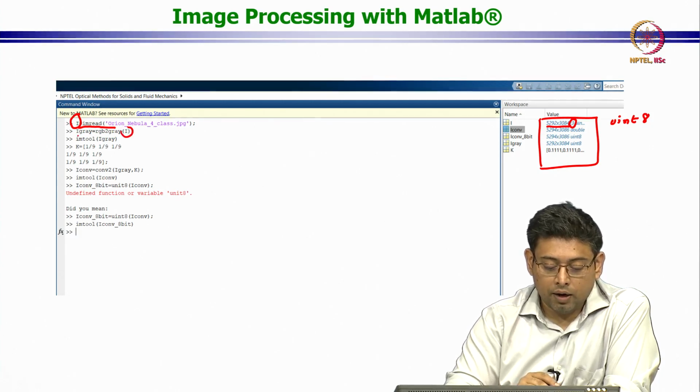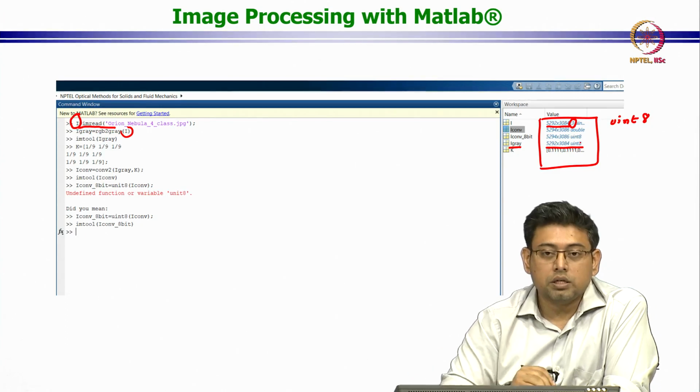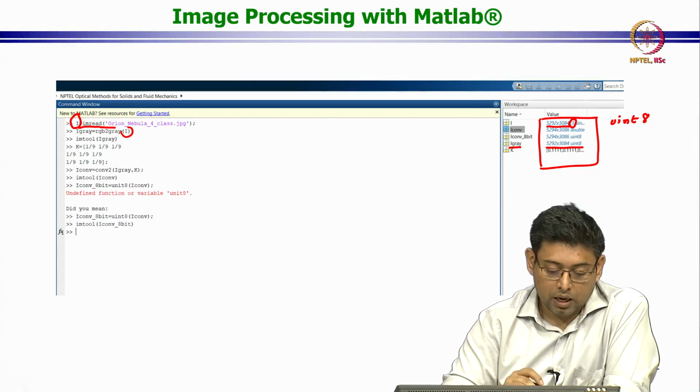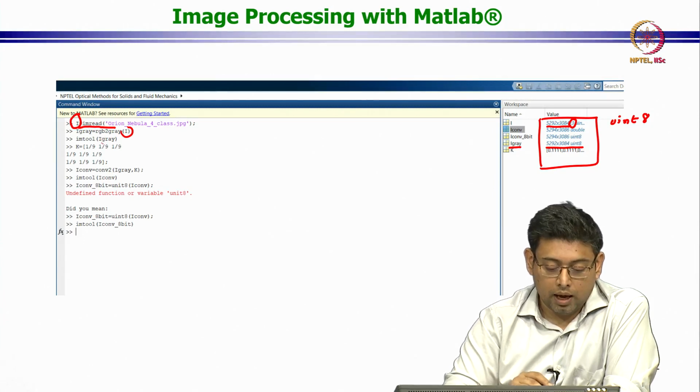So now I get a matrix as an output called I gray, which is just an m by n matrix. Now I use the command imtool, which will pop up this image and render it in a box for you.